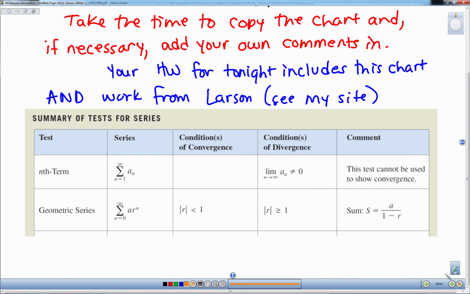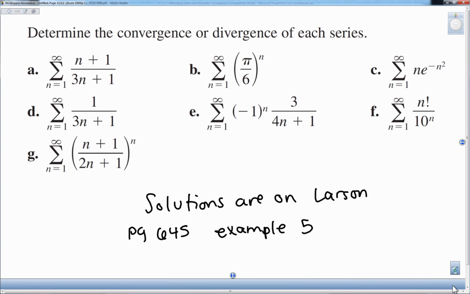So after you've done that, or as a part of your assignment, before you get started on that, I'm going to ask you to work on these 7 questions where you're going to simply determine the convergence or divergence of each series. And of course, by now you should be used to trying to determine, if it does converge, is that absolute or conditional?